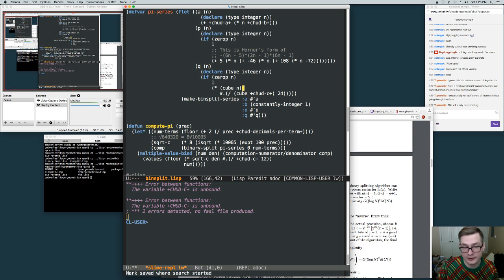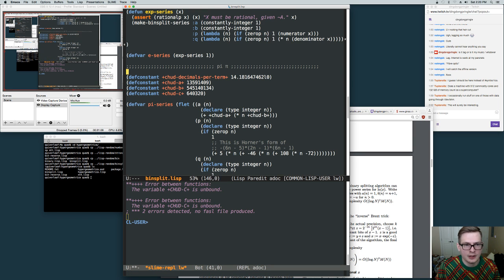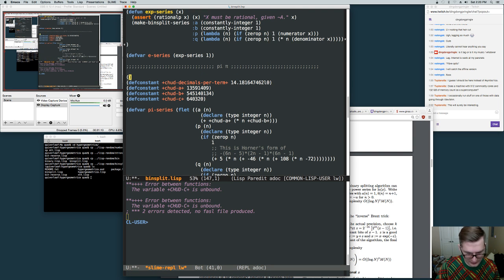I see. So this is a Lisp works does not eval when compile top level.